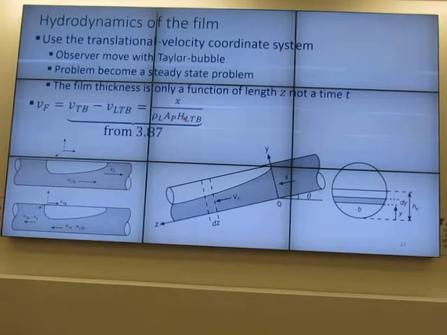If you reach the equilibrium height, you predict that at the next point, height is the same. That means VLTB is a function of height only. X constant, VTB constant. So the velocity depends upon height. In order to have a mass balance, the velocity inside the liquid film depends upon height. So that X is constant.